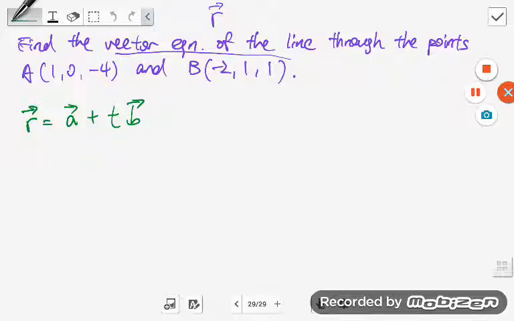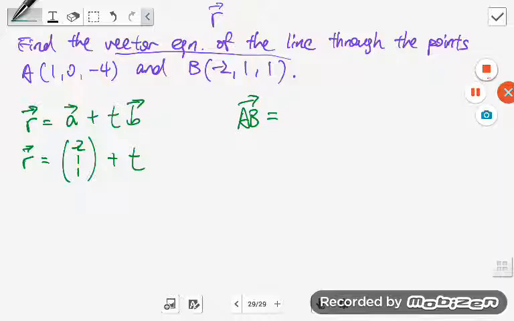So my vector equation of the line, vector r, is equal to, I'm gonna go with point B, so that's my position vector of point B, plus t multiplied by the vector b. Now, the vector b, sometimes we call it a direction vector, right? So if the line we're talking about passes through A and B, then my vector AB will give me the direction of the line, correct?